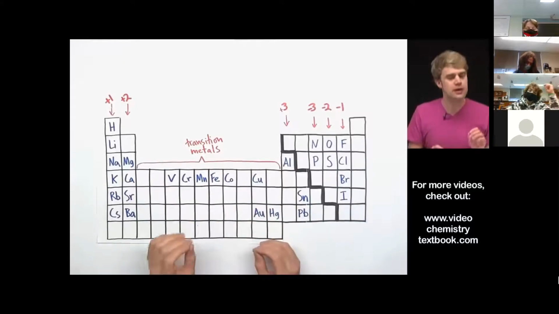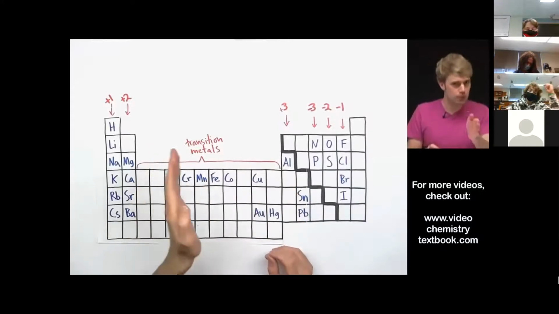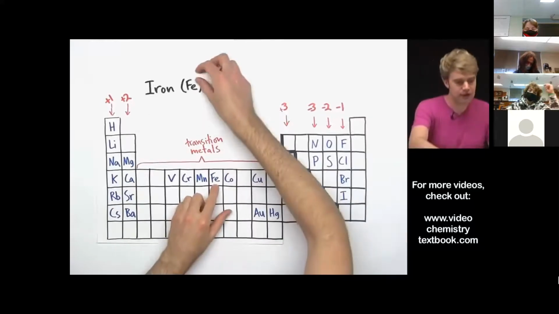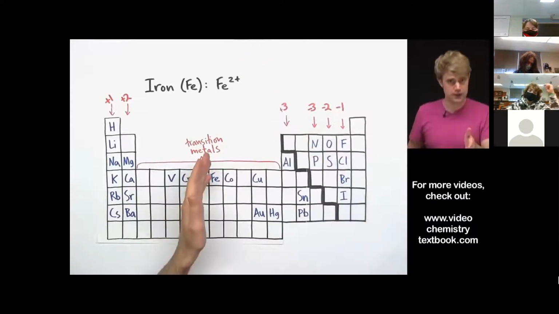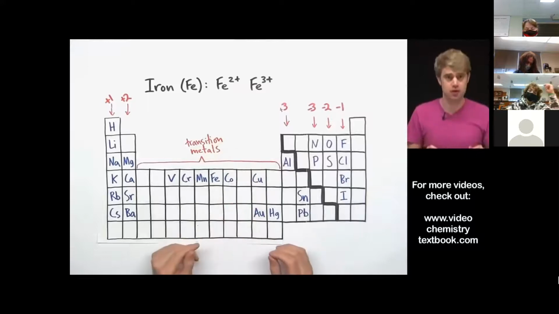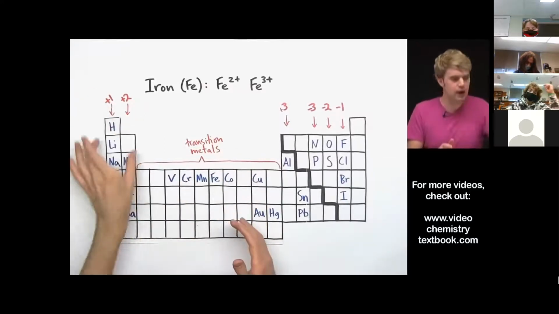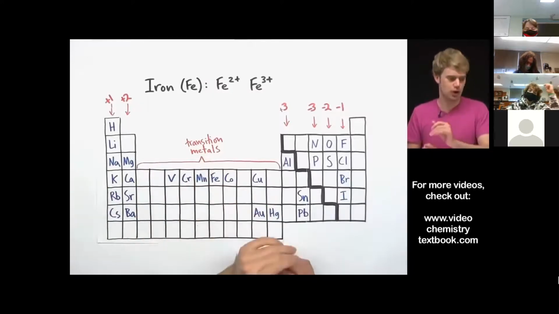These metals are unique because many of them are able to make multiple ions with different charges. So iron, Fe, for example, is able to make an Fe2+ ion, but it's also able to make an Fe3+ ion. Okay, this is different from the metals, say, over here, that tend to always make ions with the same charge.